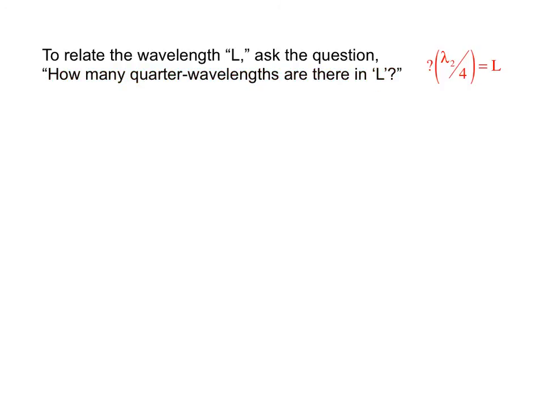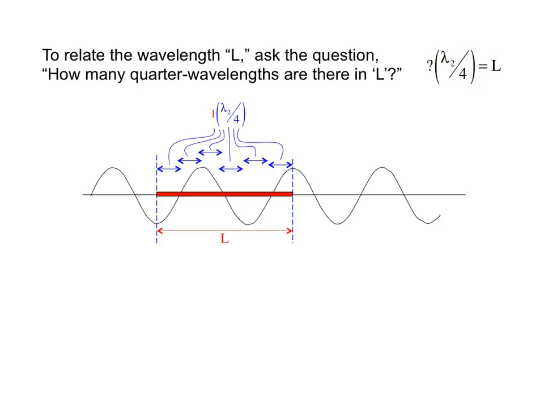So we look at the sketch. There is one quarter wavelength. Here is a second quarter wavelength, a third, a fourth, a fifth, a sixth. There are apparently 6 quarter wavelengths in L.